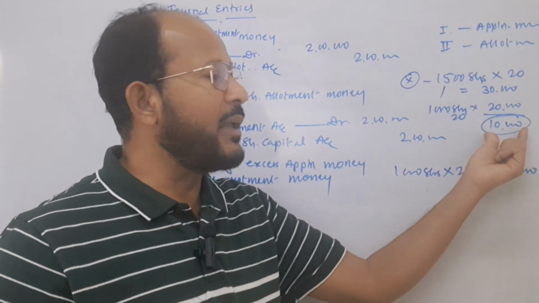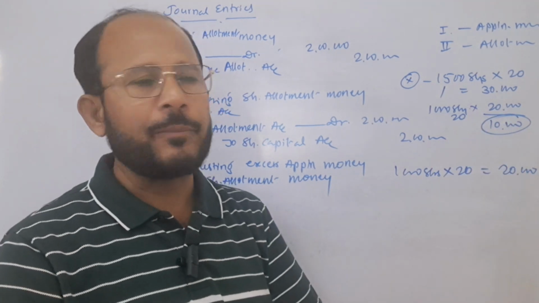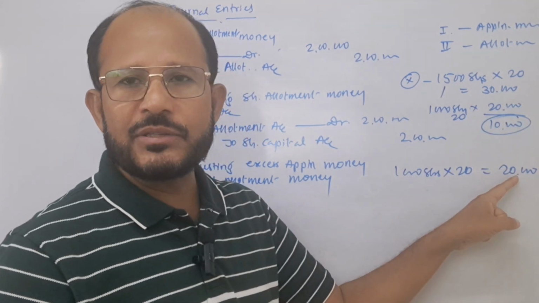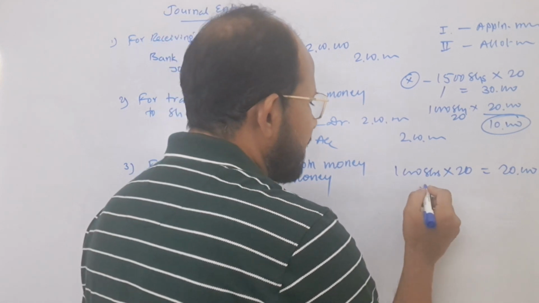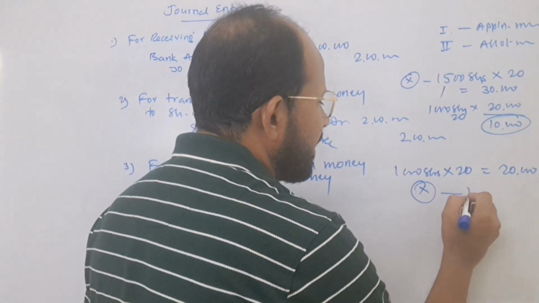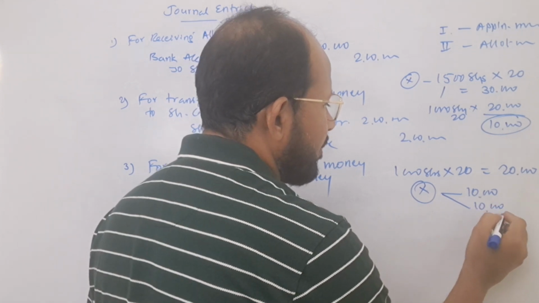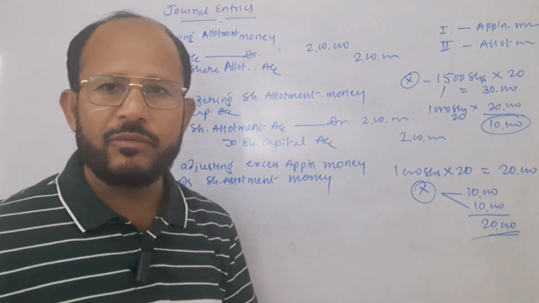Why? Because already he has sent rupees 10,000 as excess application money. That is why rupees 10,000 will be adjusted towards this allotment money. Therefore, Mr. X will send only rupees 10,000 to the company, and 10,000 is already there with the company. Now rupees 20,000 comes to the allotment money of Mr. X.